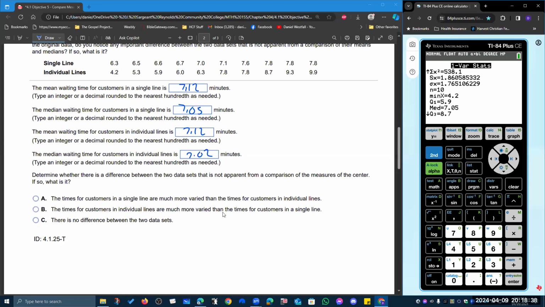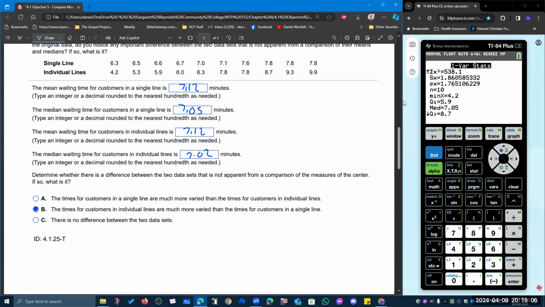Yes. The times for customers in a single line are more consistent. The customers in the individual lines are much more varied than times for customers in the single line. So we would compare what's called the standard deviation for that, and we'll get into that later.